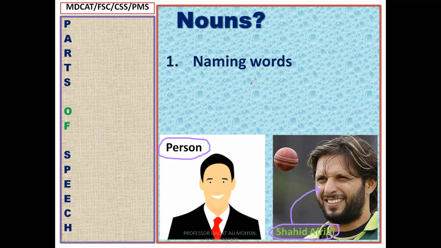Whenever we talk about a person, that can be a generalized person, that can be a specific person. This word person represents the whole type of people, the category of persons. But the noun Shahid Afridi doesn't indicate some type of noun.